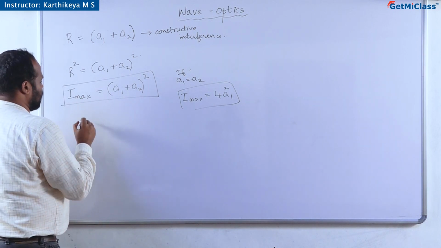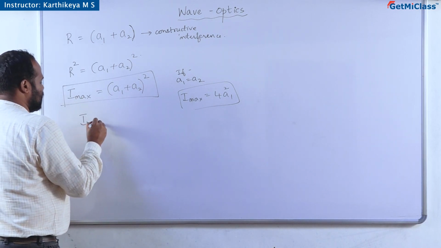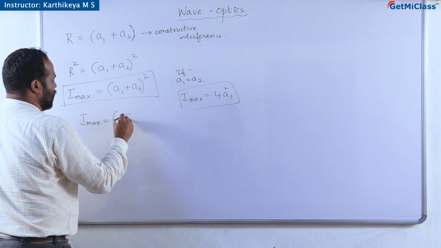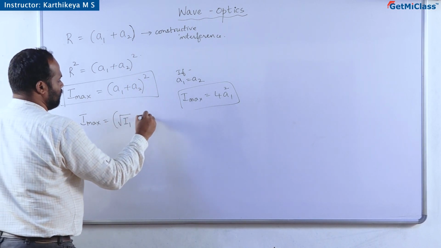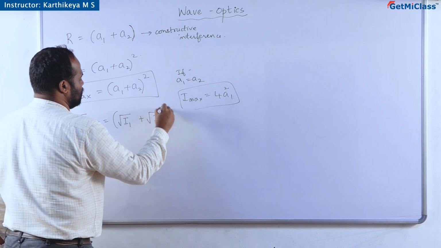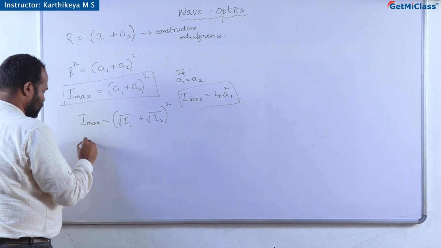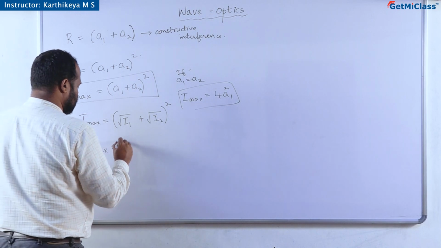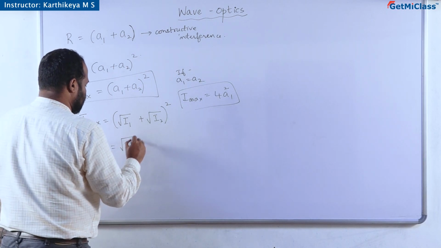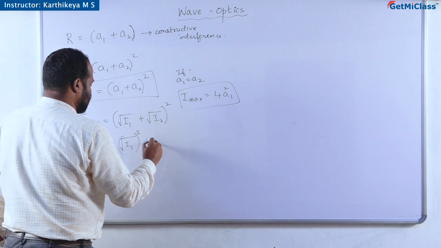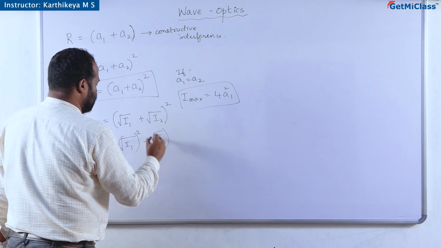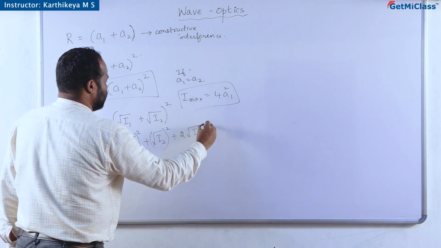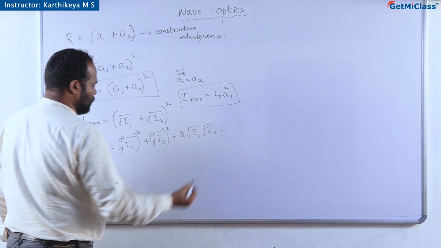This can also be written as I maximum is equal to (root of I1 plus root of I2) whole square. So that is I maximum is equal to (root I1) squared plus (root I2) squared plus 2 root I1 root I2.